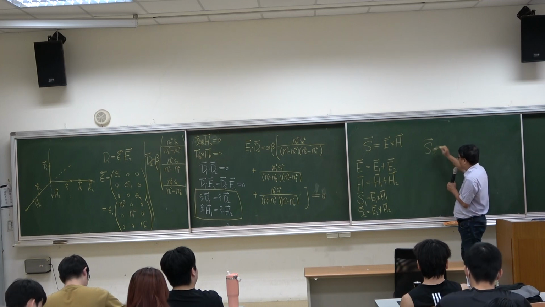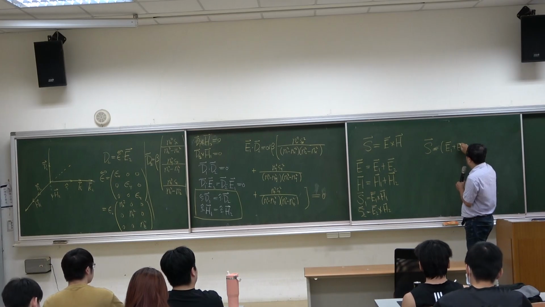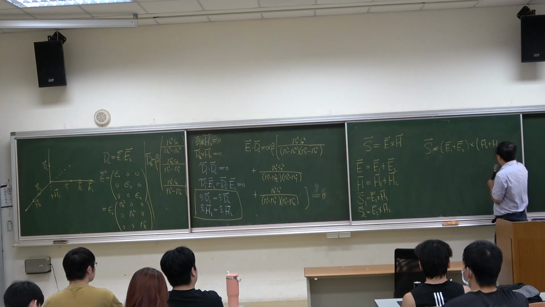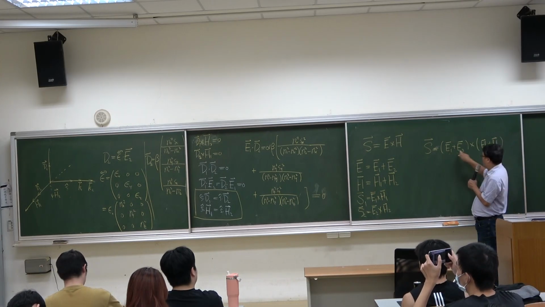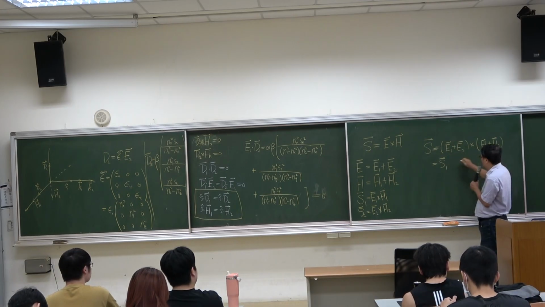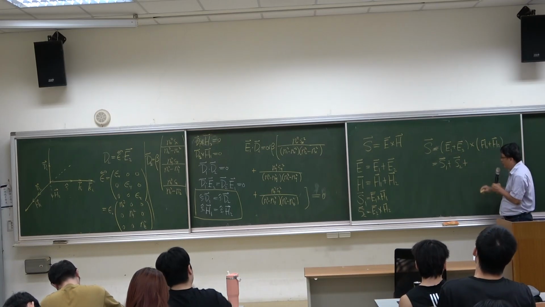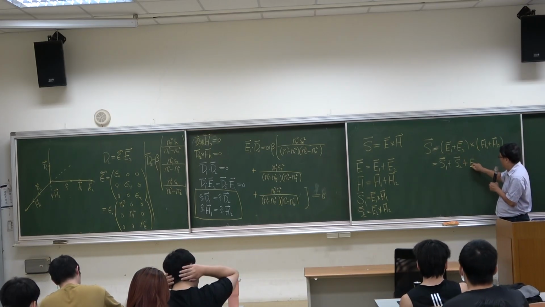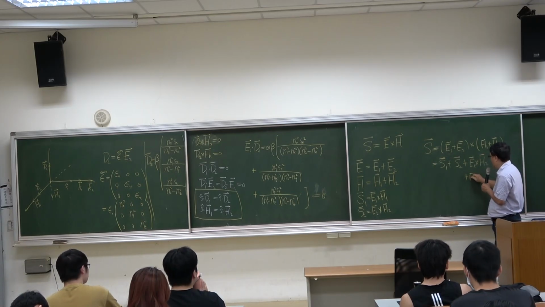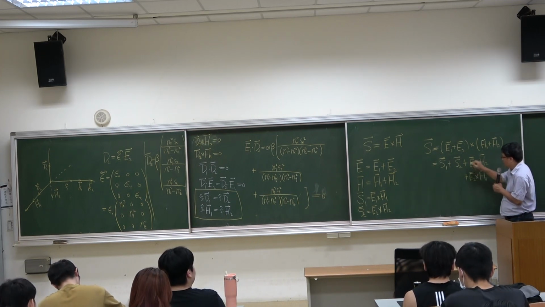It is E1 plus E2 cross H1 plus H2. So E1 cross H1 gives us S1, E2 cross H2 gives us S2. However, there are still other terms: E1 cross H2 plus E2 cross H1. These are interference terms.